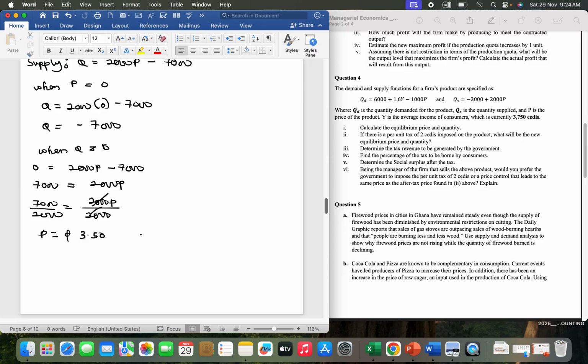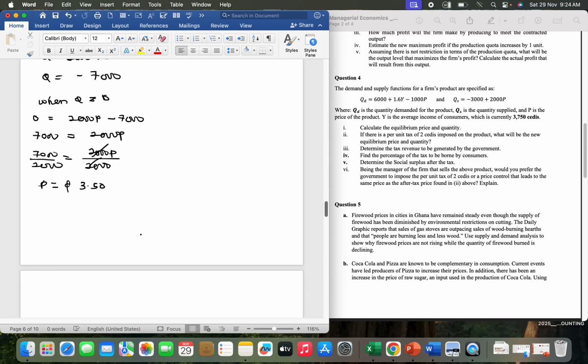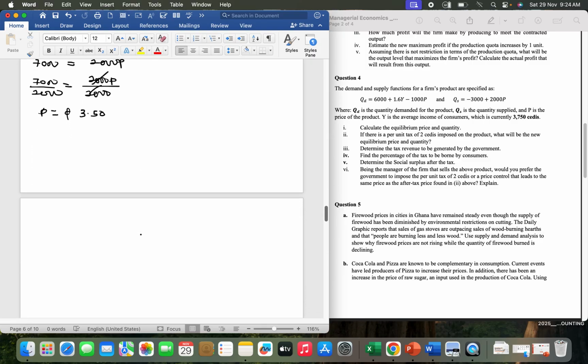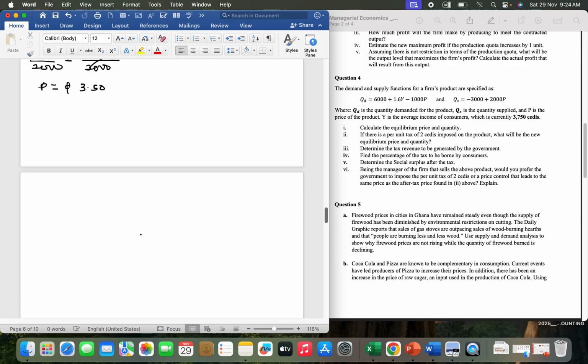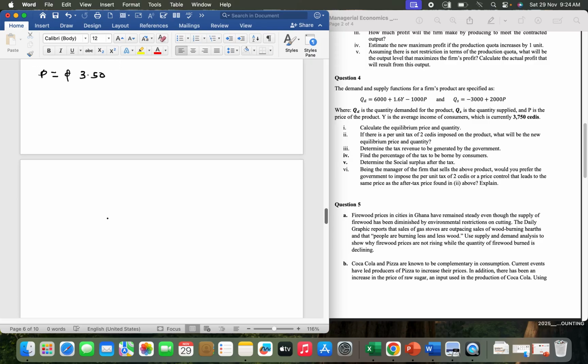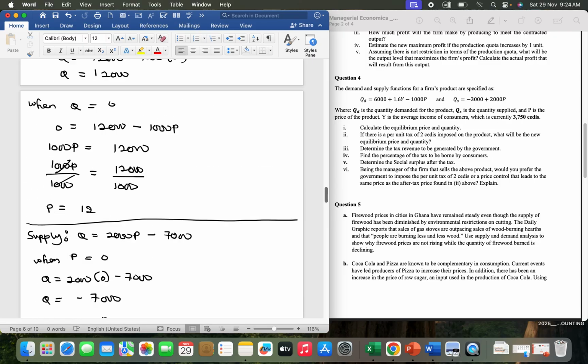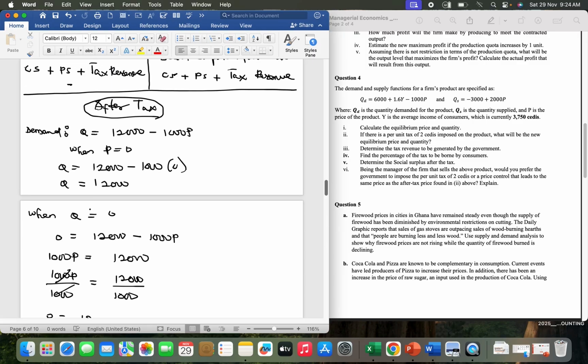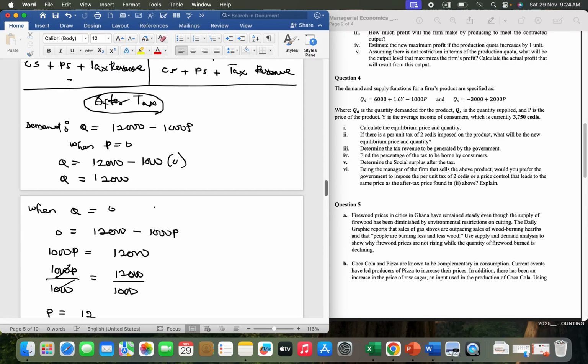So now I can find for what? The consumer surplus and what? Producer surplus. So let me use a diagram. Okay, I think I should do it this way then.